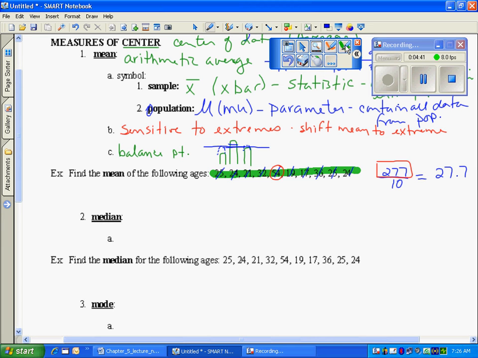So oftentimes we call it a balance point or a fair share. We're going to share until everybody has about the same amount. So if you look back on these ages, this 54 here got to share a lot with the 19 and the lower 21s, and so they all balanced out to be 27.7.